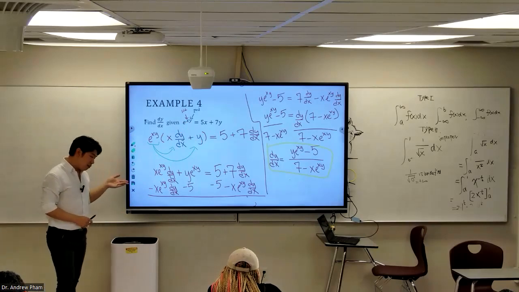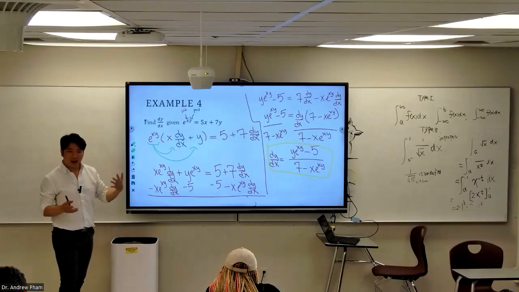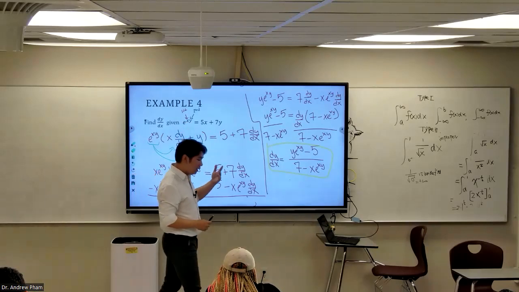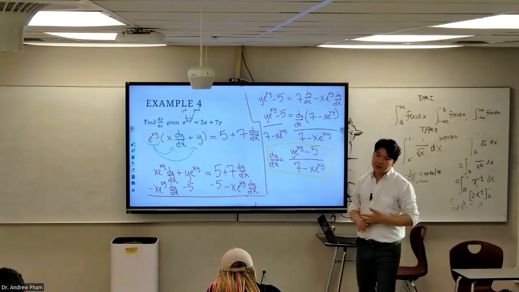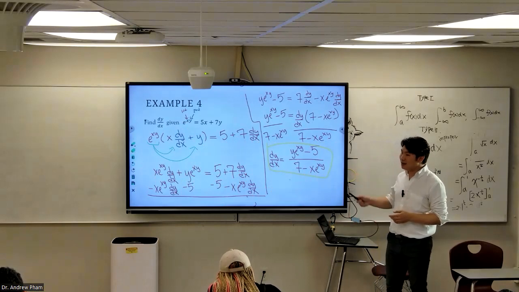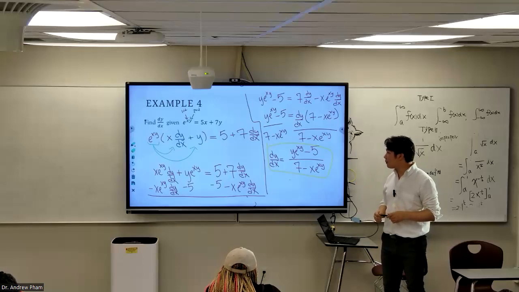So usually for this section, the most difficult thing for a lot of people is when do I write dy dx and when do I not need it? So that's something that we'll have to practice a little bit over time. We'll probably spend maybe another day or 2 days on this topic, really so that we can get it down for all the other sections that I can use this.